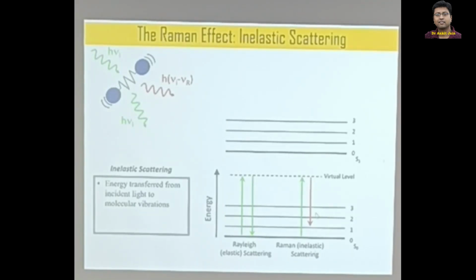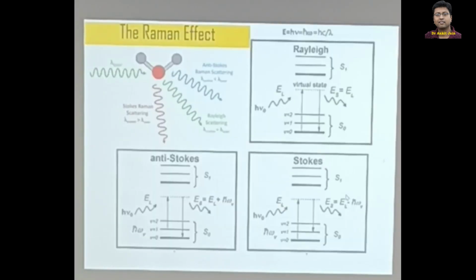So if green light is incident, then we can sometimes see red light, and that is known as the Raman scattering. So emitted light will always have a difference in energy, and this energy difference is attributed to the molecular vibrations.